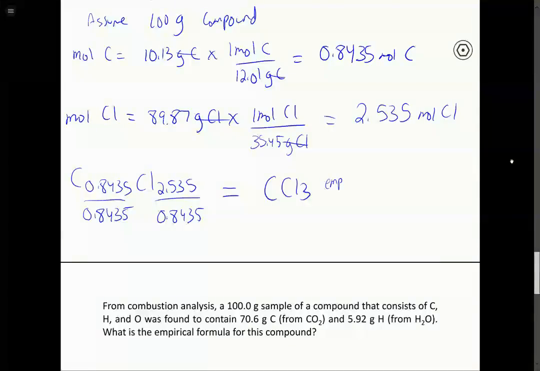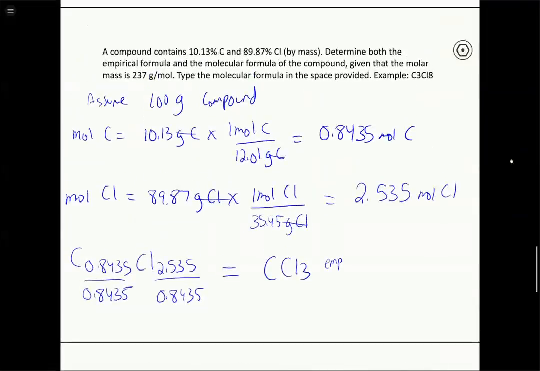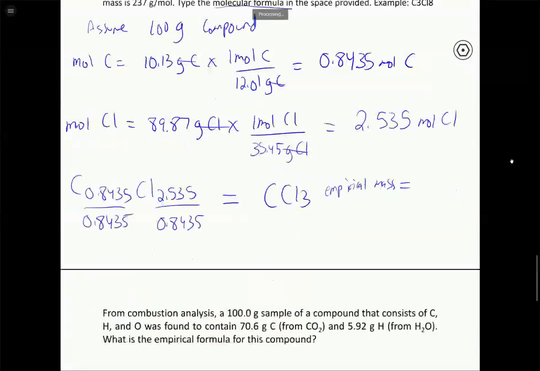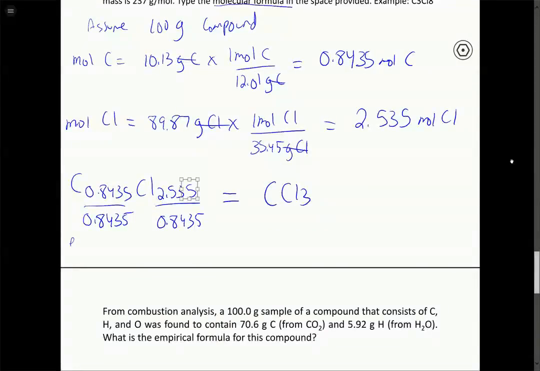So this is the empirical formula, but we want to find, for the final answer, the molecular formula. And so that's where we have to use the molecular mass or the molar mass to help us. So the empirical mass, actually I'm going to do this down on the next line. So the empirical mass we have to calculate first.